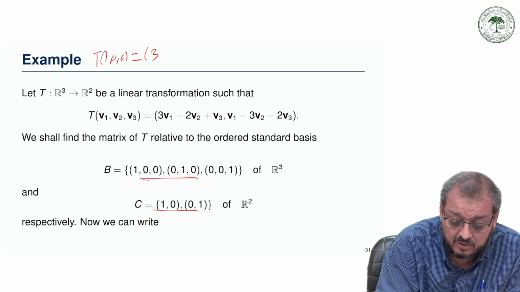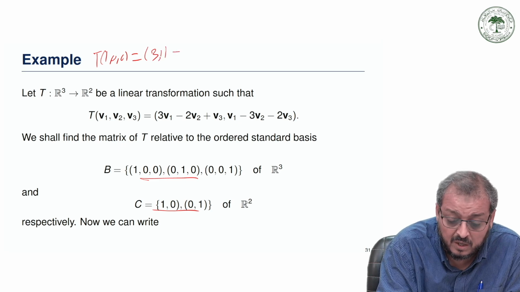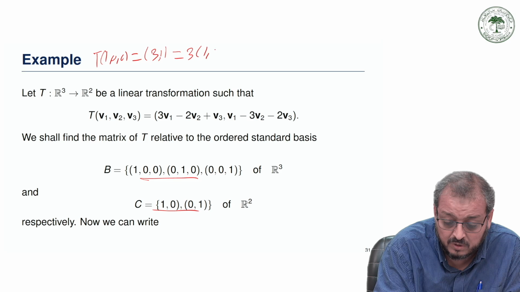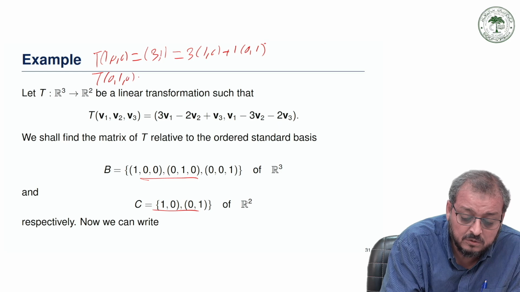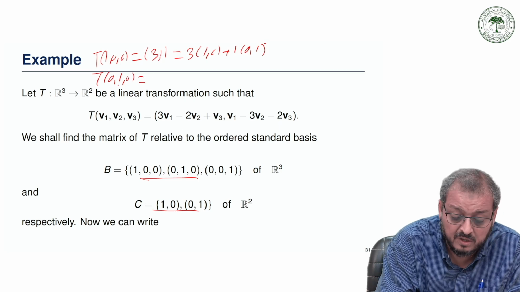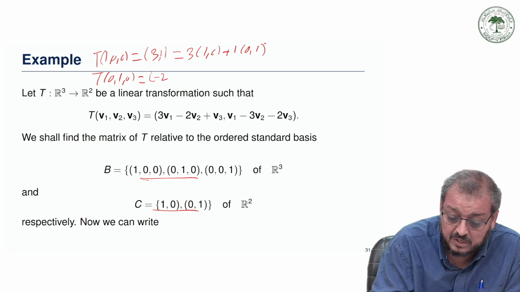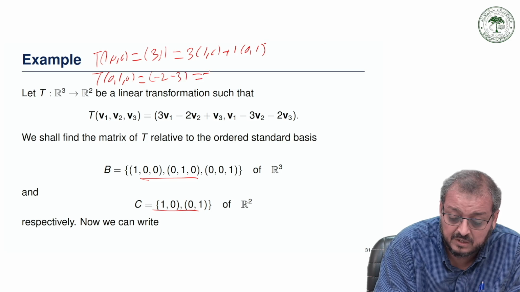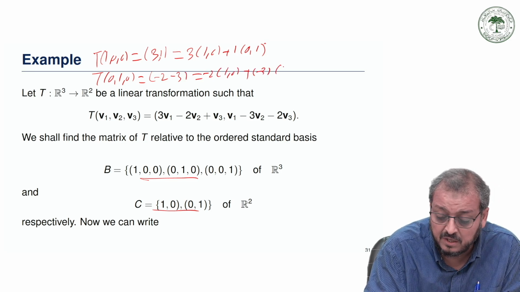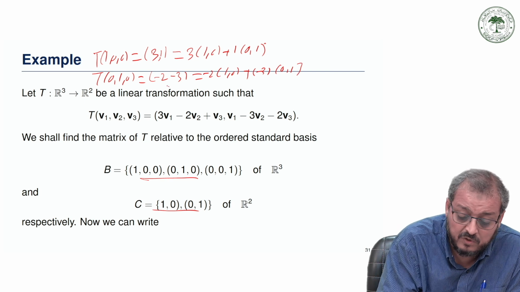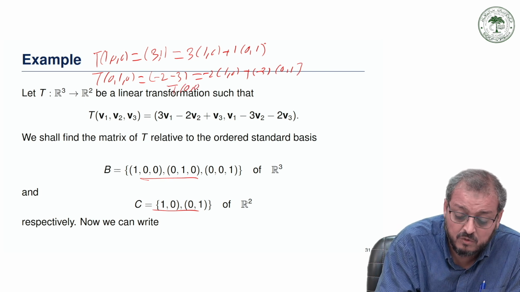This goes to R2, so 3 comma 1, which can be written as 3 times 1 comma 0 plus 1 times 0 comma 1. Then T of 0 1 0 is minus 2 and minus 3, which can be written as minus 2 times 1 comma 0 plus minus 3 times 0 comma 1. Now finally we have 0 0 1.